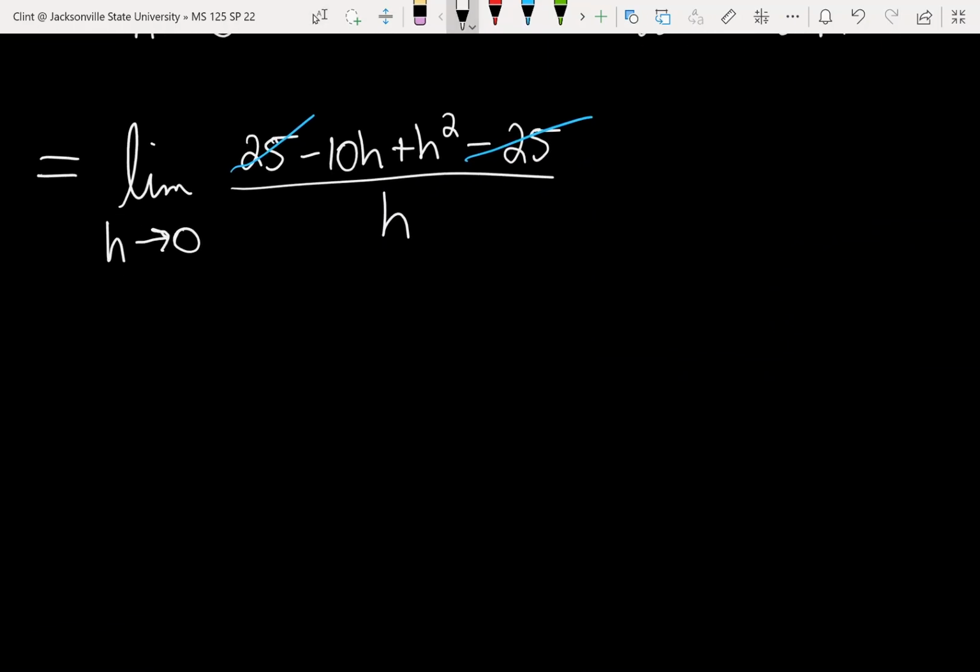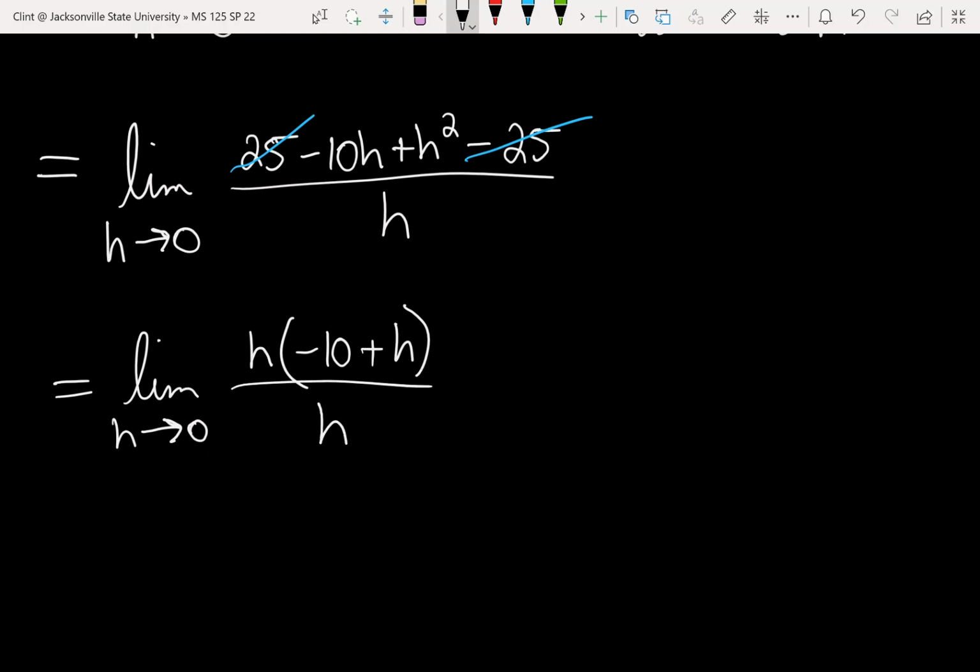Yeah, factor out an h, because we've got an h in common now with everything in the top. So good. Factor out an h in the top: negative 10 plus h over h. The factored out h and the h in the denominator cancel. Direct substitution: negative 10 plus 0.